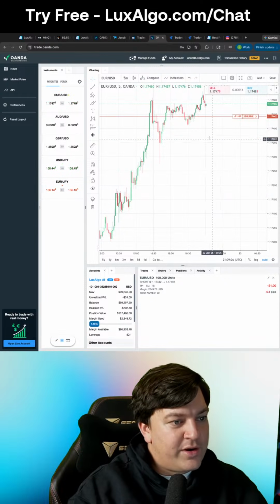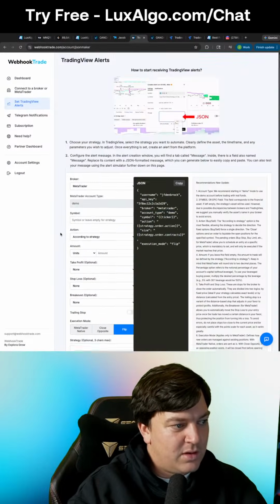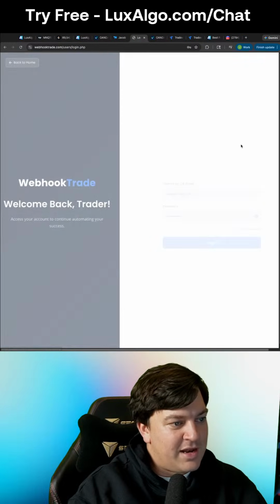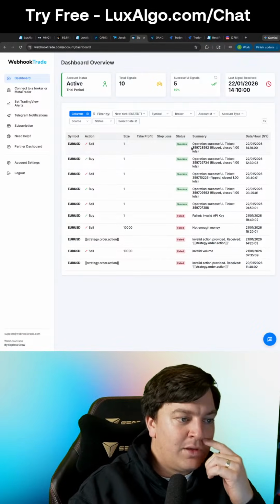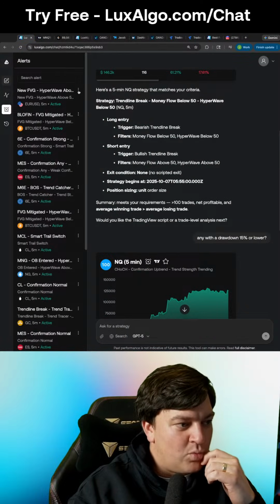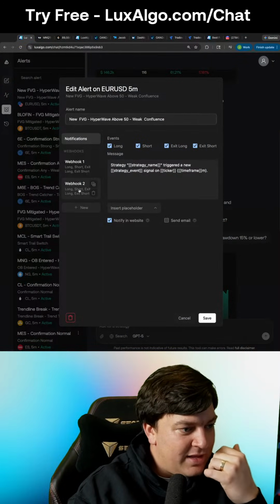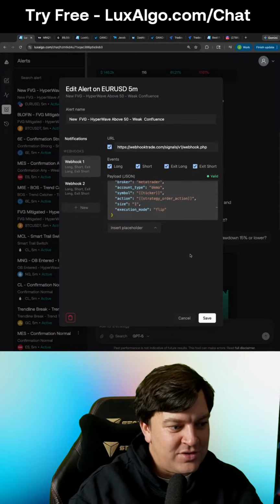A few pointers too on this: when you're sending alerts through, like WebhookTrade is what I'm using for the MetaTrader automation, you need to make sure you have that size correct. So obviously one contract technically is 100,000 units.